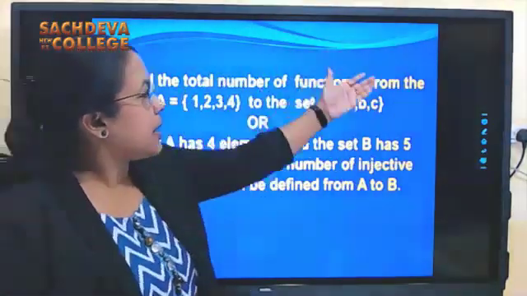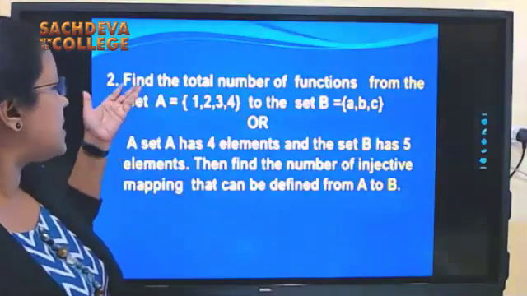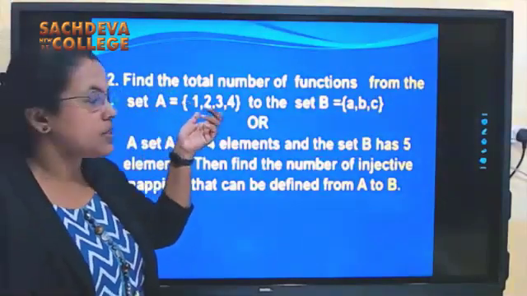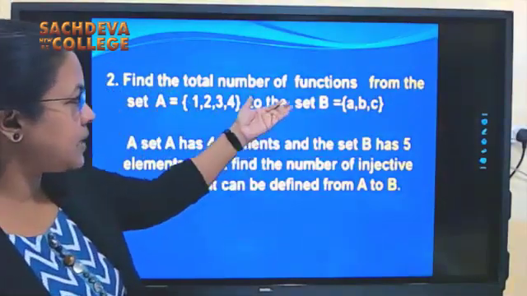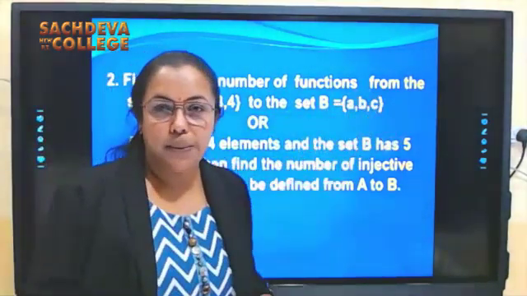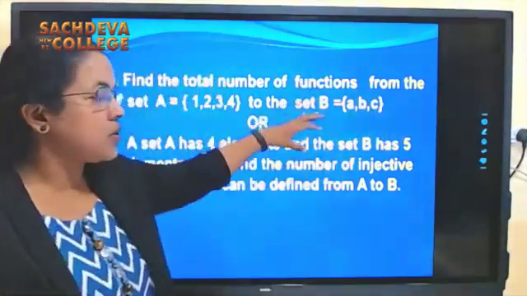Now look at the second question. Find the total number of functions from the set A is equal to set 1, 2, 3, 4 to set B is equal to set ABC. It is a direct question.